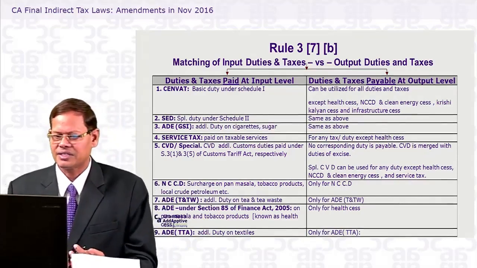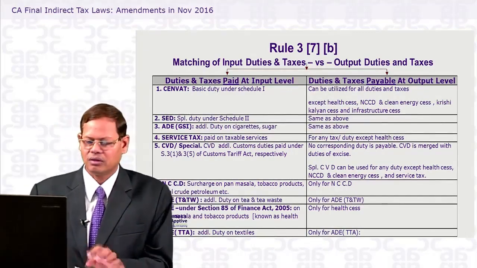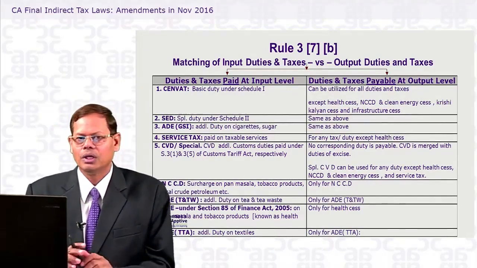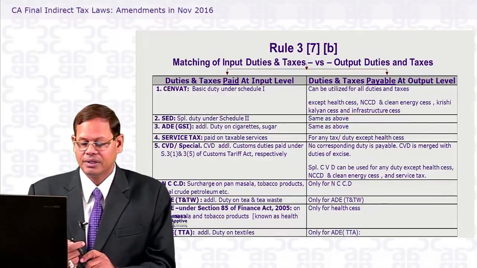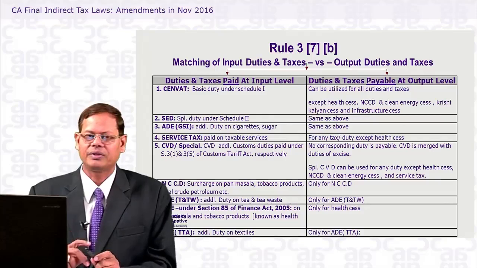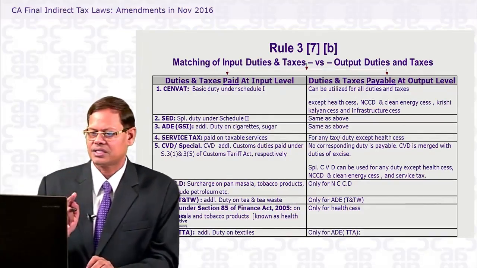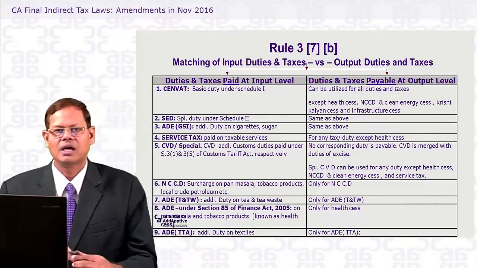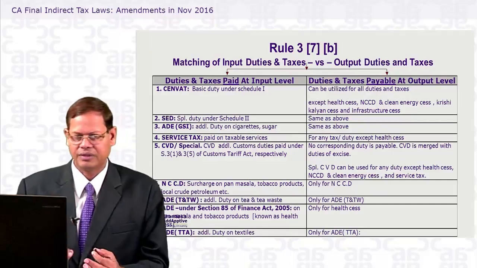But Swachh Bharat cess, it was not written, but you should know Swachh Bharat cess is already applicable and being paid. So even to pay Swachh Bharat cess, you can't use any of the 5. So health cess, NCCD, clean environment cess, and Swachh Bharat cess cannot be paid from any of the 5.